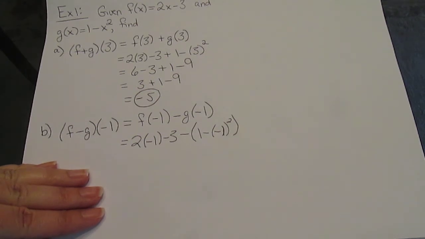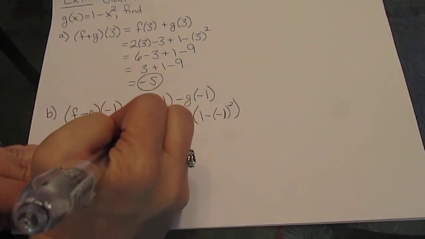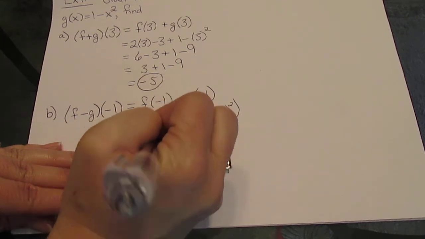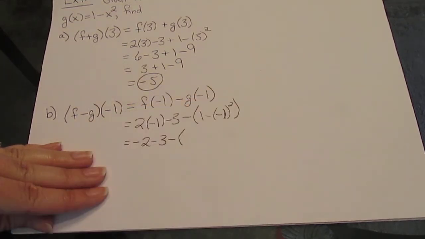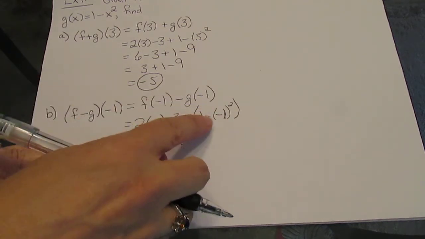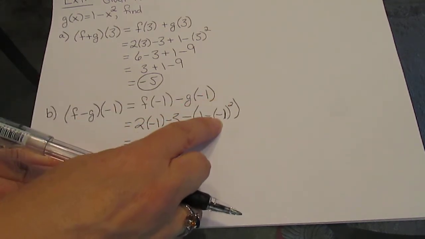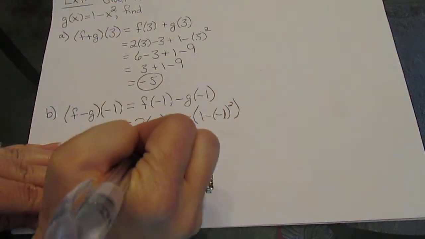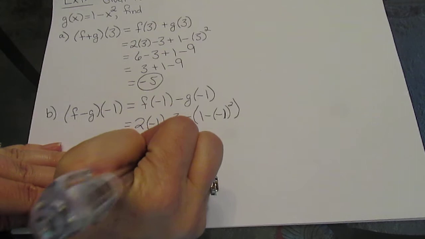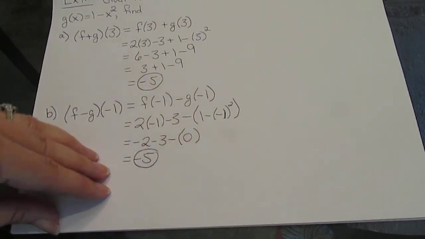And use order of operations and simplify. So we've got negative 2 minus 3 minus, I'm going to take away the parentheses after I simplify everything. So that's going to give me a positive 1. So 1 minus 1 is 0. So we've got a negative 5 here.